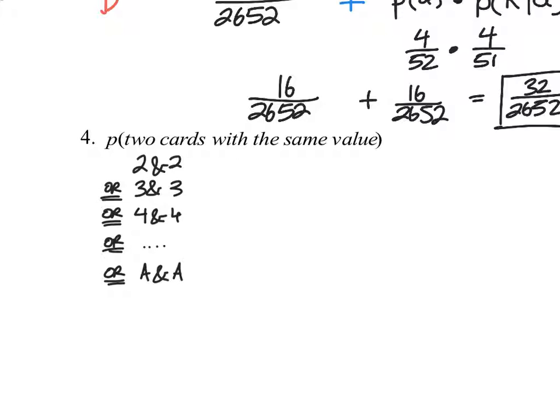All right. The jacks, queens, kings, and aces, they don't have any numerical value, but all jacks are equal to one another, all queens are equal to one another, kings are equal to one another, and aces are equal to one another. All right, so they have the same value. They're just valued at A, for example, or J.